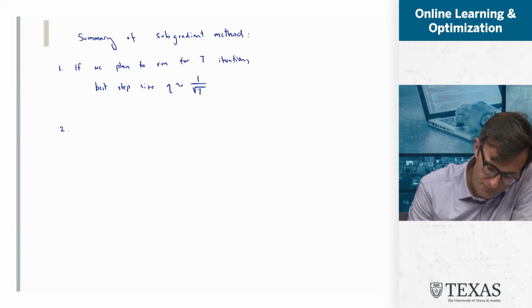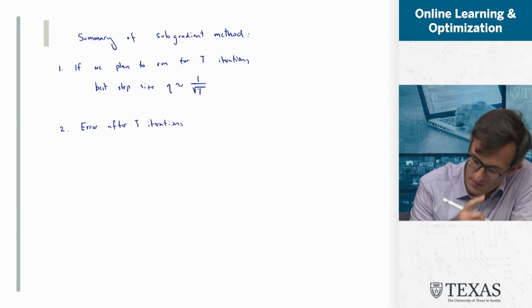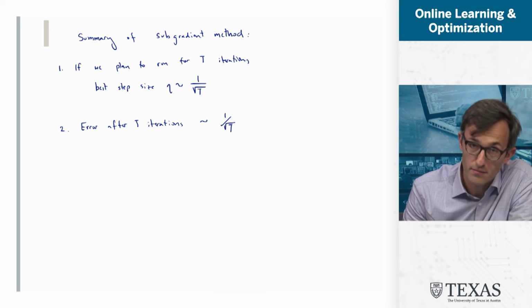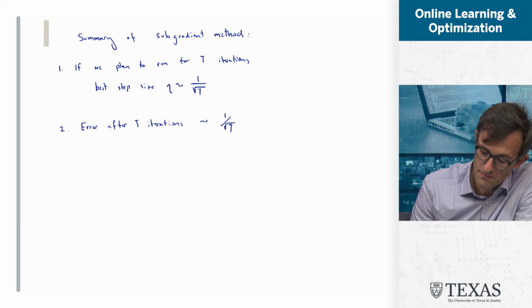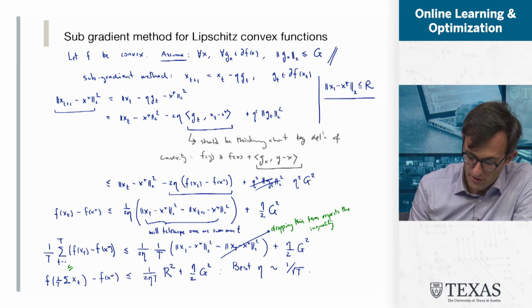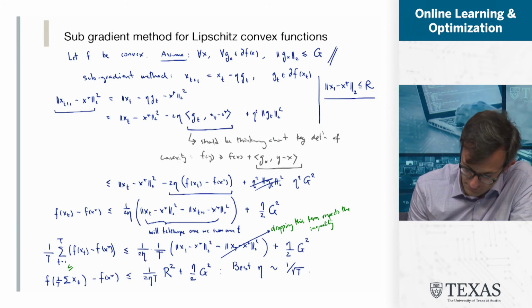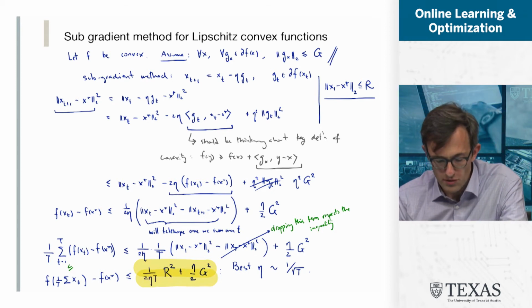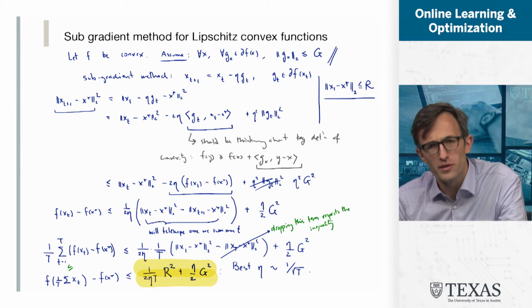Secondly, the error after t iterations scales like 1 divided by square root of t. So shall we look at that expression again? Our error here is 1 over eta t, I'm ignoring the constants here for this discussion.